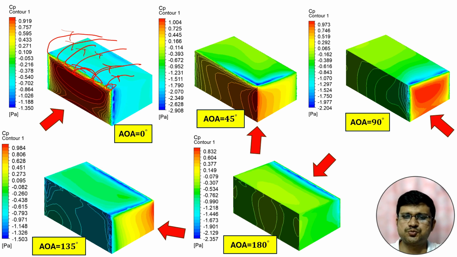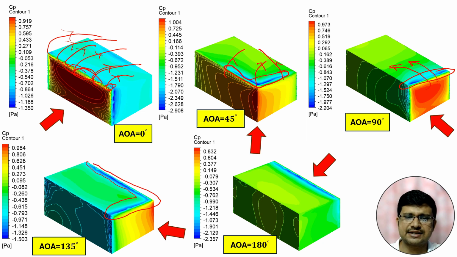Here wind angle is 45 degrees, so wind will separate like this. Wind will flow like this, and this is the zone of huge local suction. For 90 degree, this is the zone of huge local suction because flow is moving like that. And for 135 degree, all these zones are zones of maximum local suction.